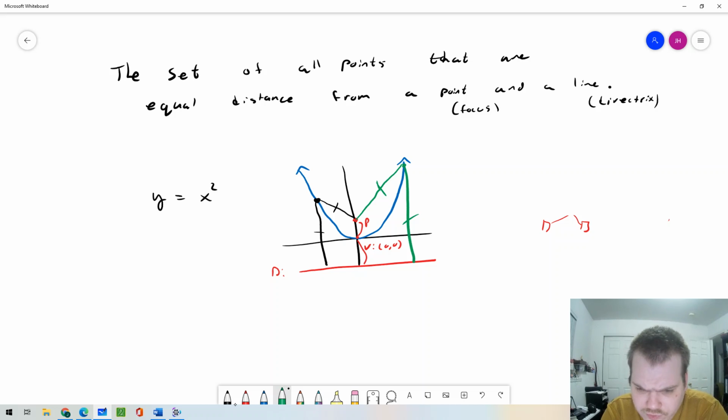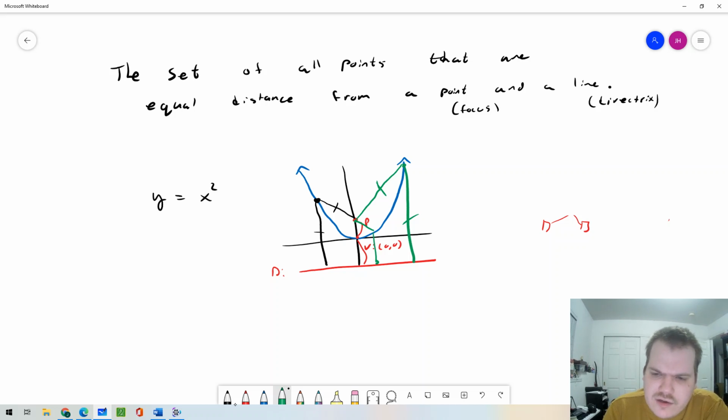It's going to be longer, absolutely, but it's the same distance to that line. If I pick this one right here, this is shorter, but notice it's also shorter to the focus. If those two things are not the same, then it's not going to be equal distance. So I have to have that condition of equal distance, and that's what gives me this parabolic curve.